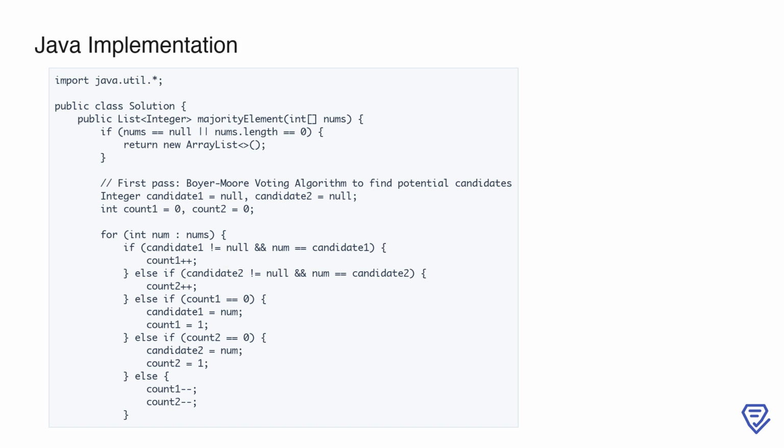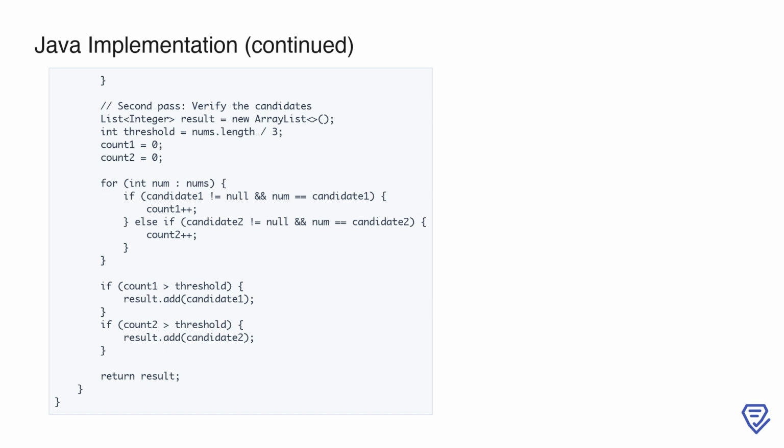If the current number matches one of the candidates, we increment its count. If neither candidate matches but one of the counters is 0, we assign the current number to that candidate and set its count to 1. Otherwise, if both counters are non-zero and the number matches neither candidate, we decrement both counters. This ensures that candidates with insufficient support are gradually eliminated.